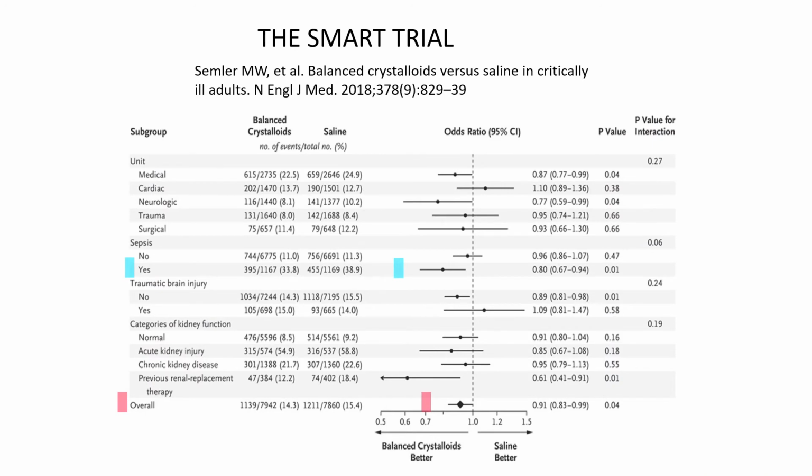Before the SMART trial, there was conflicting evidence, but there were signals that hyperchloremia is injurious and leads to renal injury. And here you can see very clearly that the forest plot actually favors balanced crystalloids and saline has a worse outcome. Even in sepsis patients, here you can see the outcome is better with your balanced crystalloids.